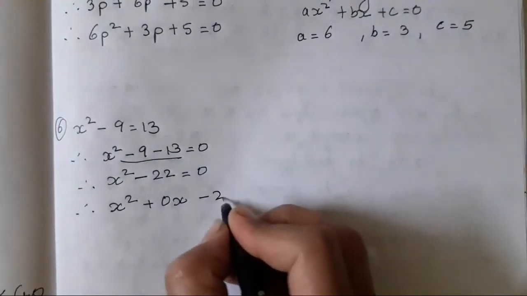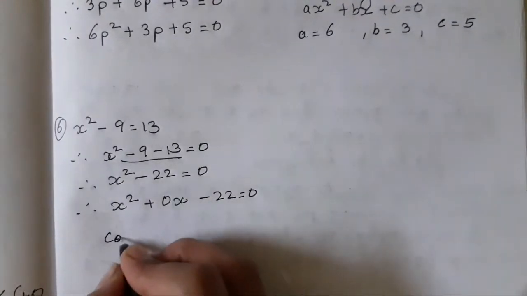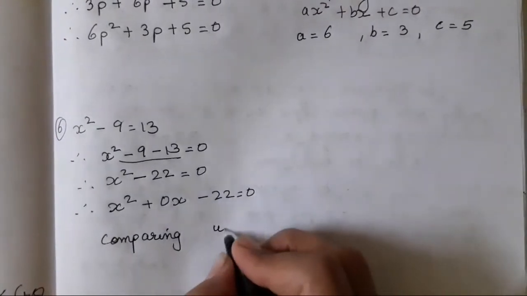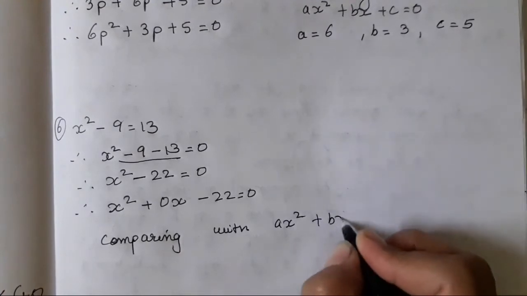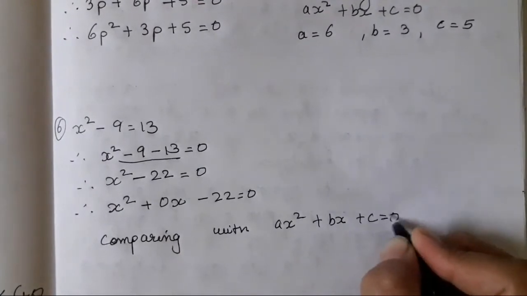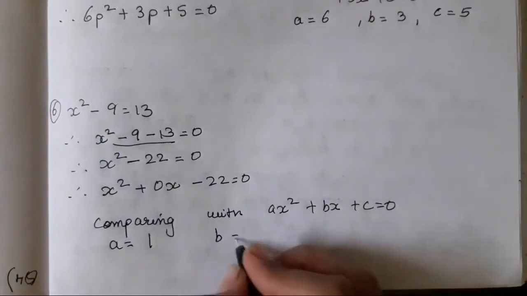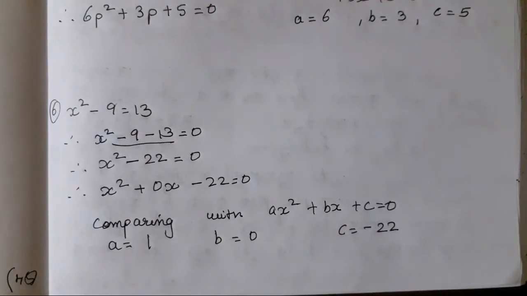So minus 22 is equal to 0. Comparing with ax square plus bx plus c is equal to 0, a is 1, b is 0 and c is minus 22.